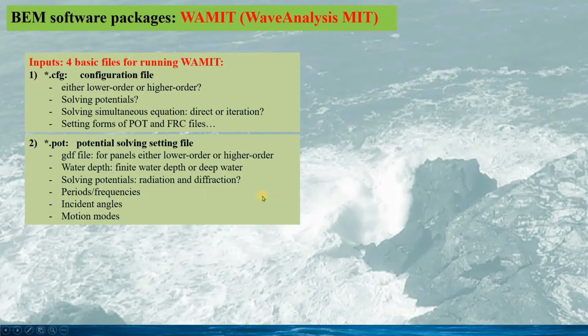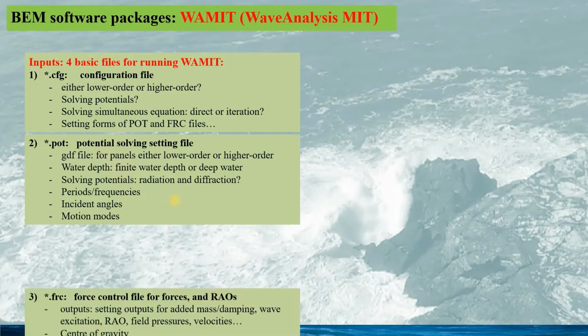The potential setting file. Here, the panel file must be specified, and what depth would be used, and whether we need to solve the radiation or diffraction problem, setting the wave periods or wave frequencies, the incident angle of the wave, and the setting of the motion modes.